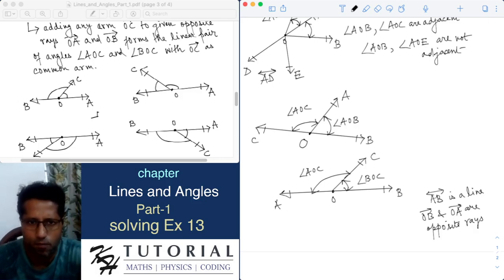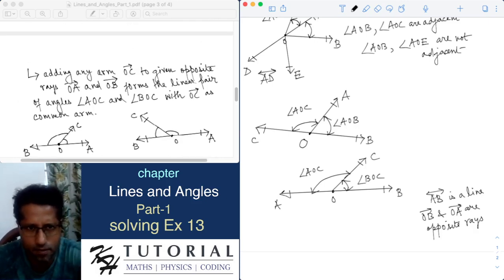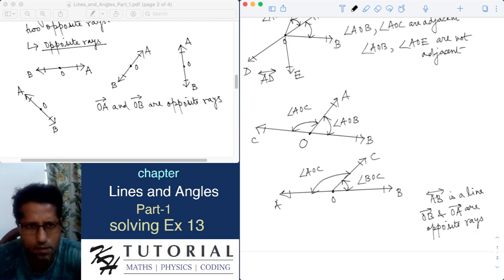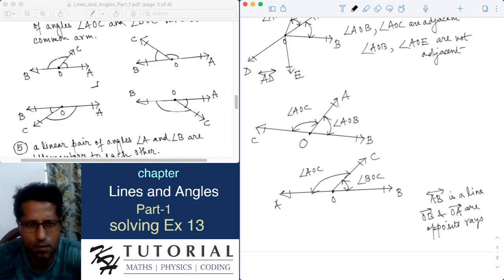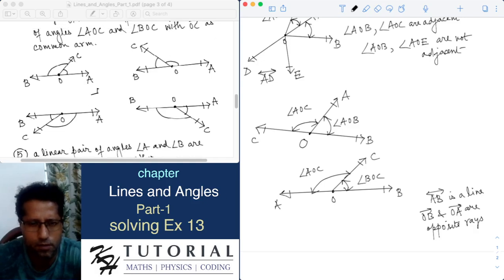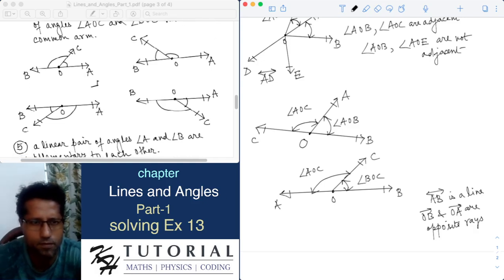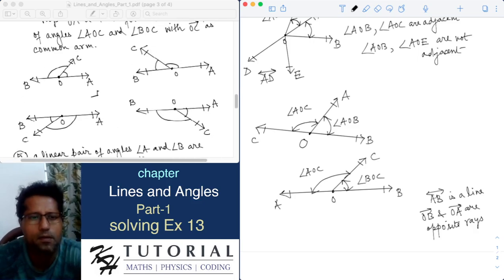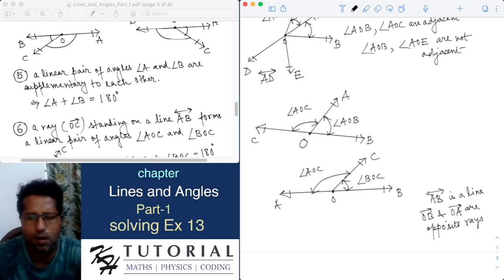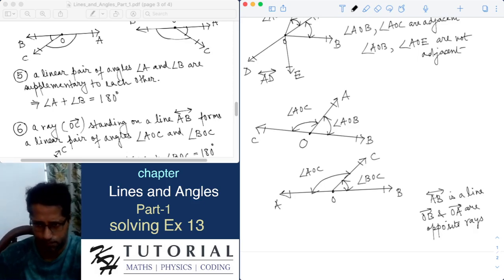Okay, I hope the linear pair of angles is clear. Now you can take a screenshot of my notes. I have some figures. Now, one thing to note is that the sum of a linear pair of angles will always be 180 degrees.